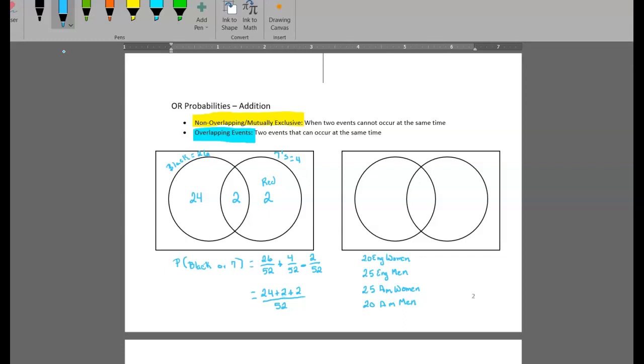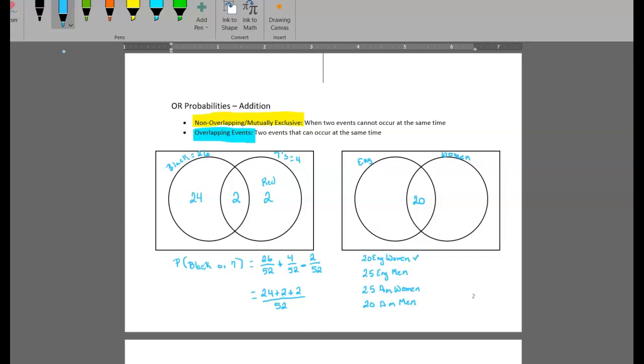Okay, and so let's just fill in our Venn diagram. I'm going to just use the first idea here. So I'm going to call this my English. I'm going to call this my women. I could use any of those to figure out where my overlap is, but I'm going to use that one as the first one. So that's my first one.